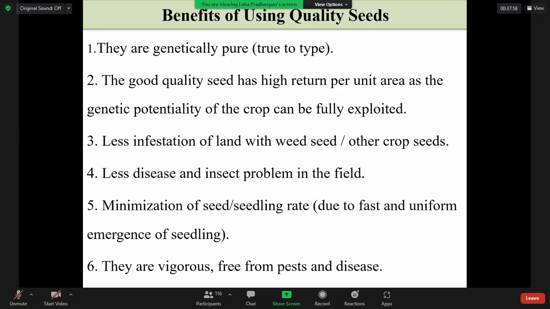Because if we put the seeds with the weed seeds, we will not easily establish. So by using the quality seeds, we can eliminate this type of problems.